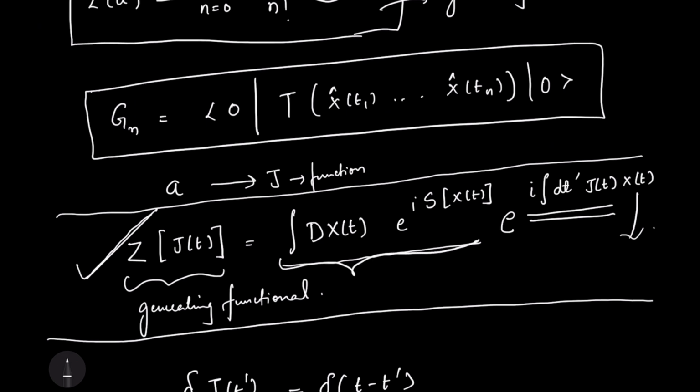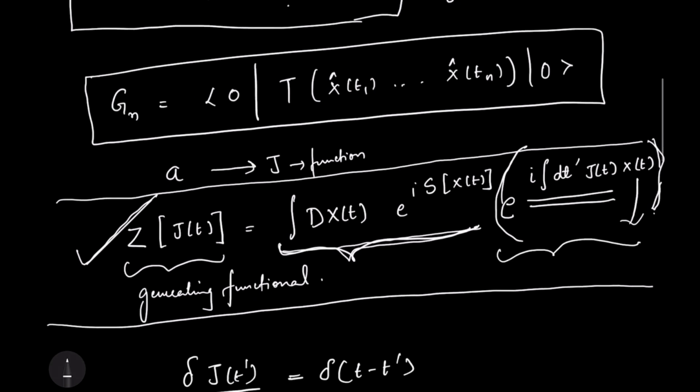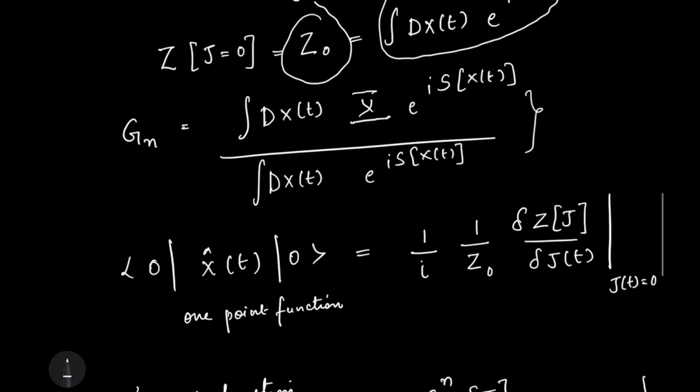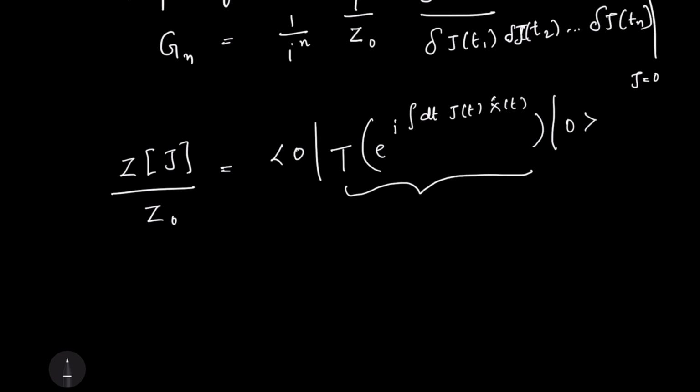If you insert some operator in the path integral, as we defined yesterday, then you will get the n-point function, the correlation function for that particular operator. Similarly, I can write z of j as a correlation, because it is a path integral multiplied by e raised to i integral dt, which is the time ordering of that particular operator.